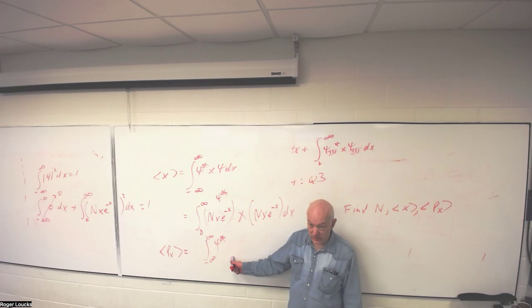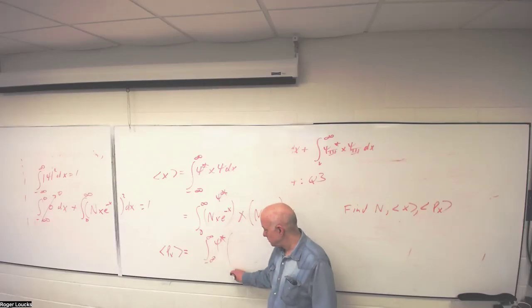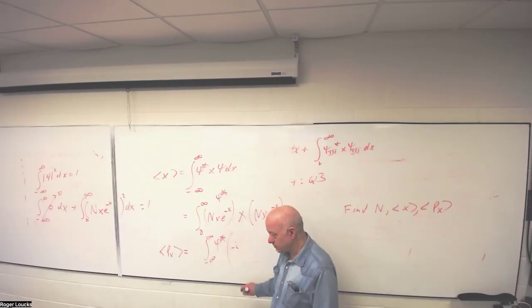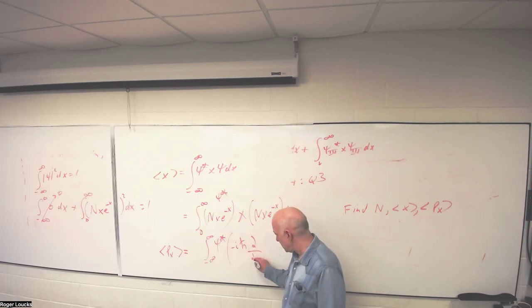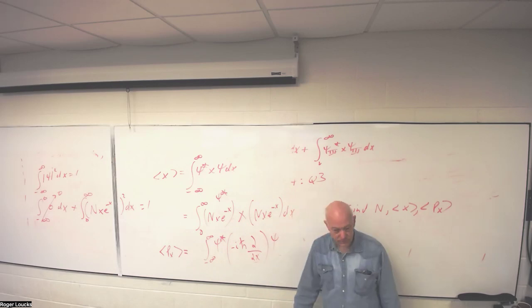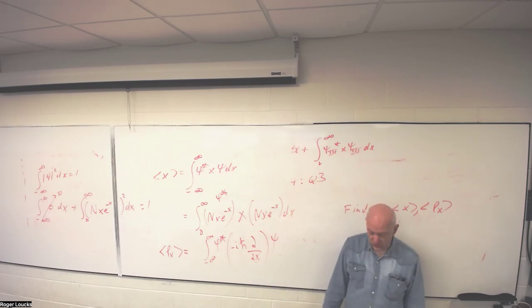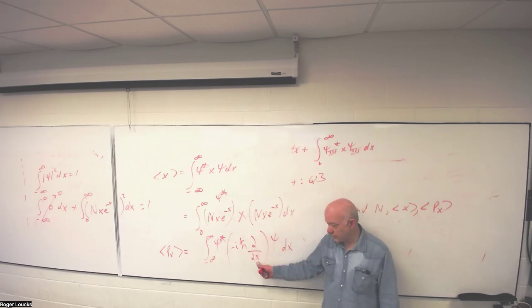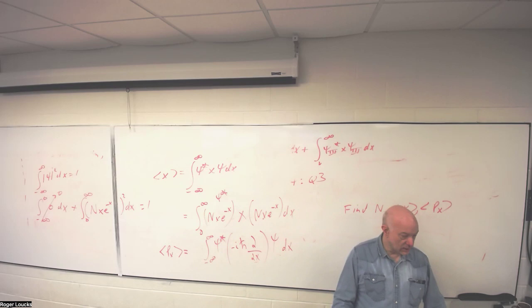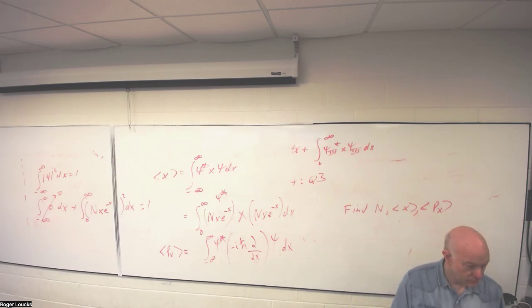Yes, but not x, the Px hat, which is minus i h bar, partial with respect to x. And then the psi has to be here, with the dx. Yes, so you have to take the partial of psi with respect to x. Okay, and then proceed to do this.